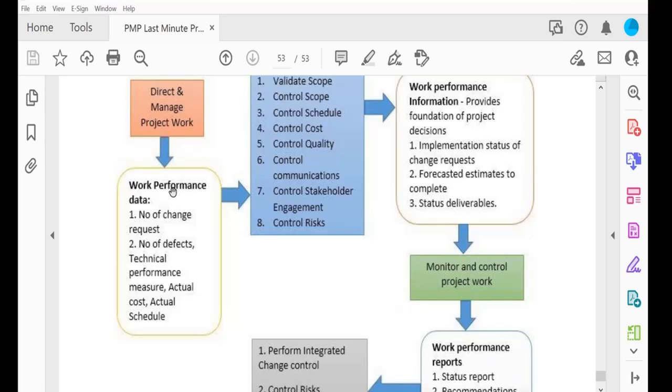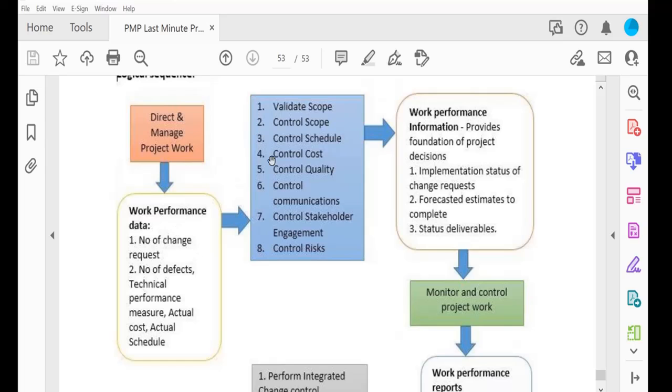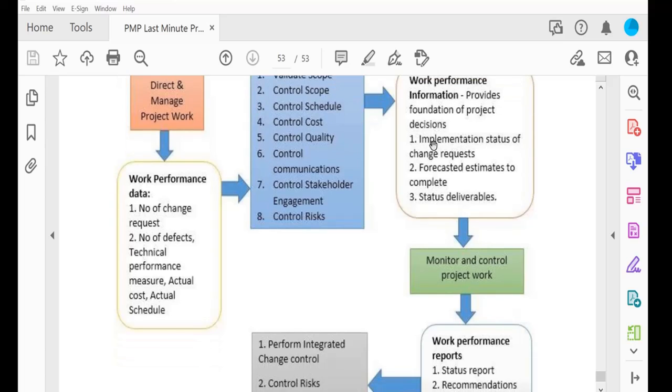In this phase, we generate work performance data, and this data goes to the different phases, validate scope, control scope, and all these.